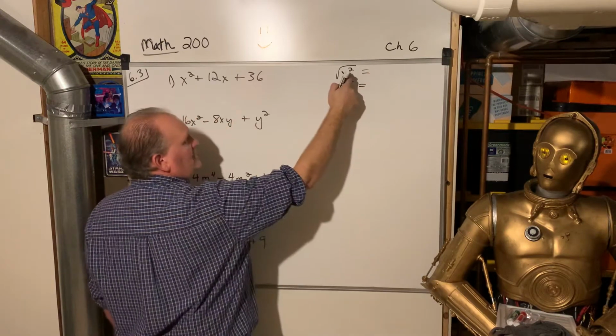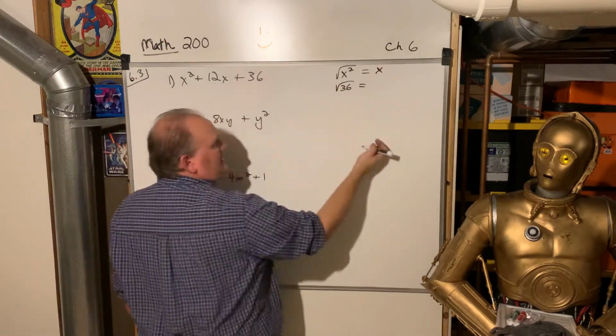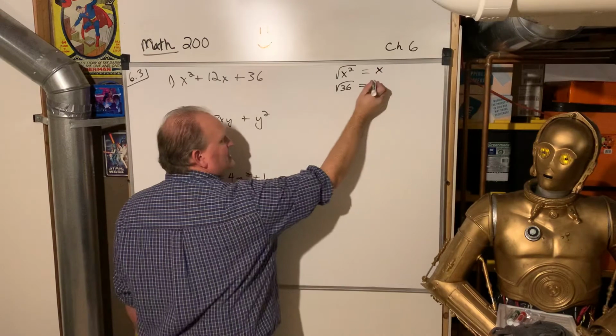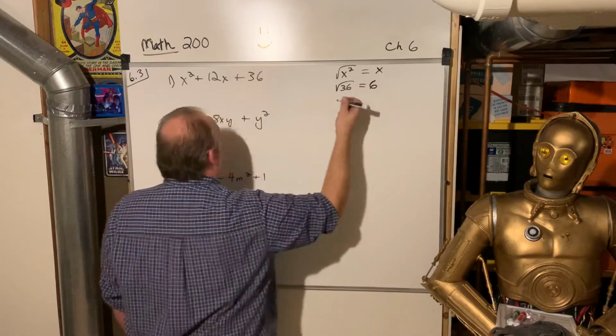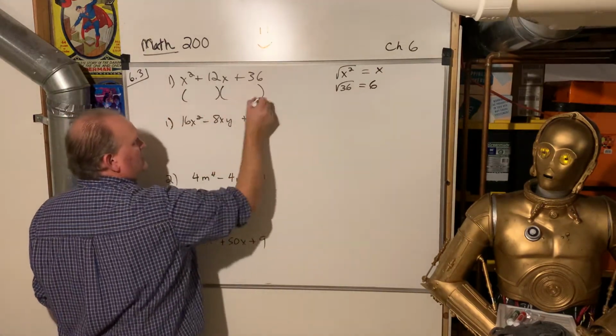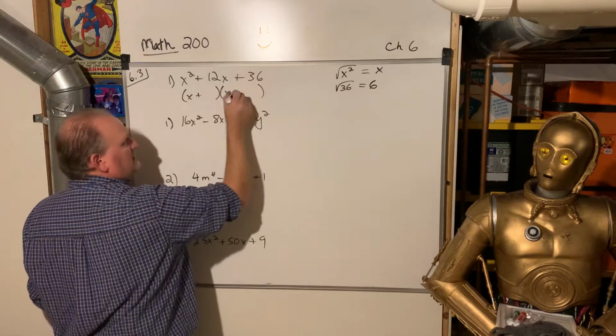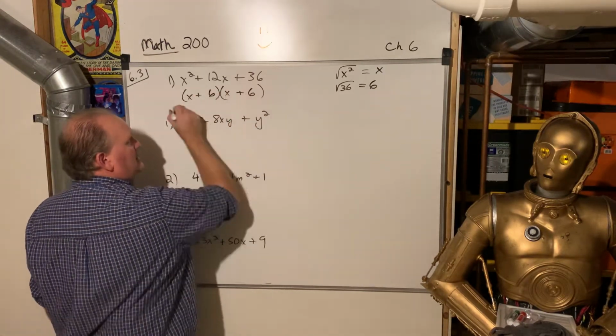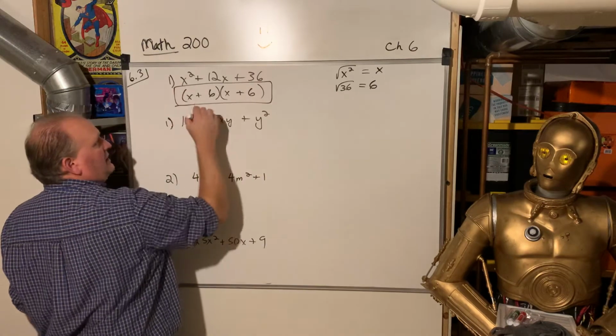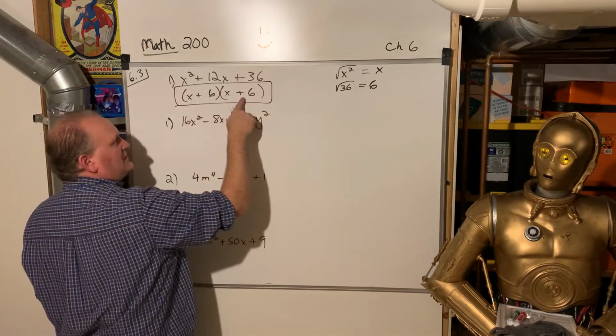The square root of x squared is just x. The square root of 36 is just 6. Those are my factors. I'm done. x plus 6.